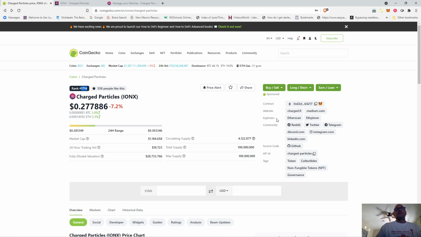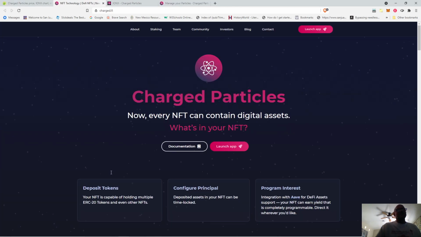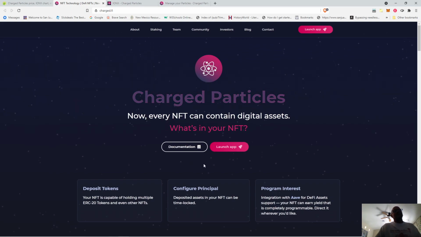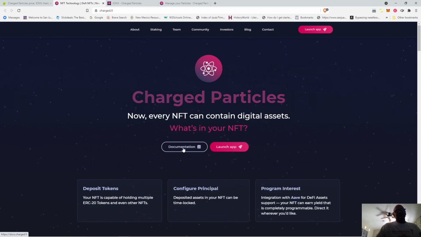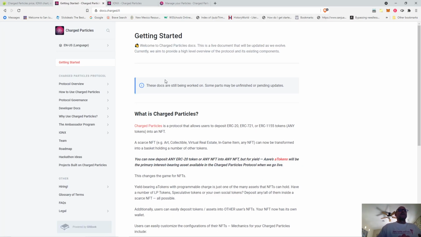CoinGecko is great about allowing you to look at the explorers, which is the on-chain stuff, pulled off of the blockchain itself, and its website. The website is going to say all the great things about itself, right? So you don't want to just trust what you see here so much, but the documentation you can at least look at what the plan is, and what it is, right?